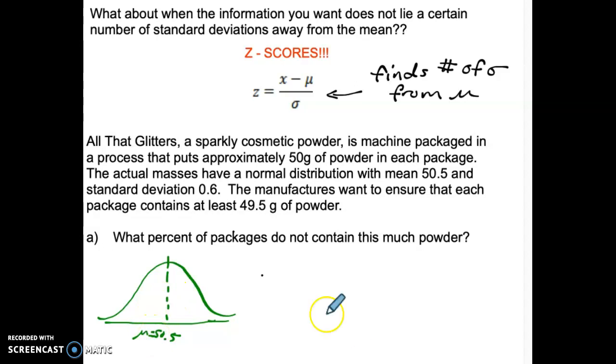And the question is asking us what percentage of packages do not contain enough powder, so don't contain at least 49.5. So if we draw in our point where 49.5 is, we want to find the probability that there's less than that. So we're trying to figure out the probability that x is less than 49.5 grams.